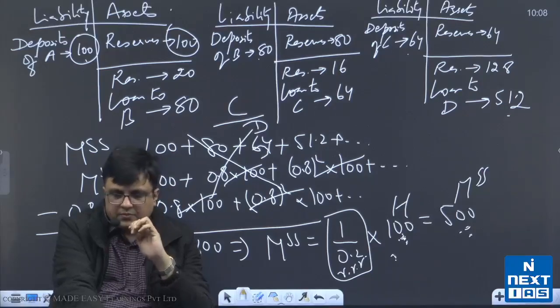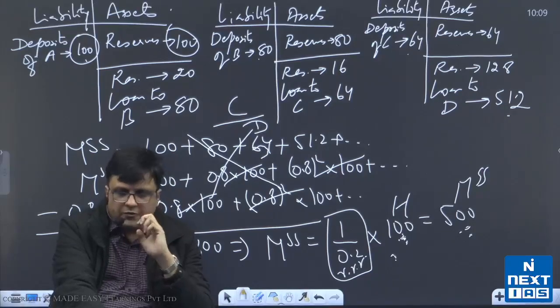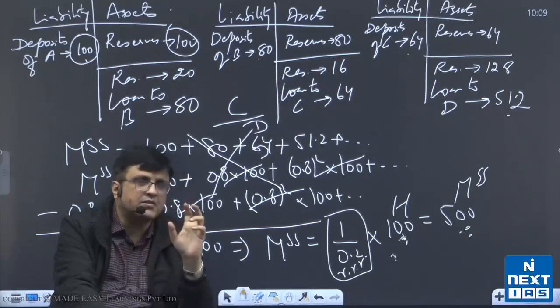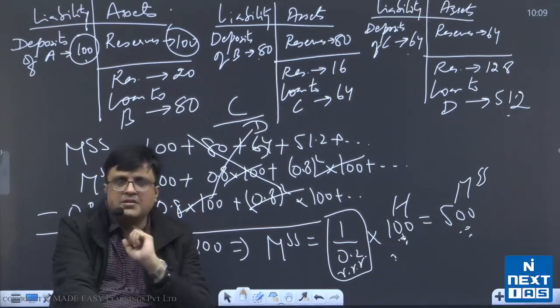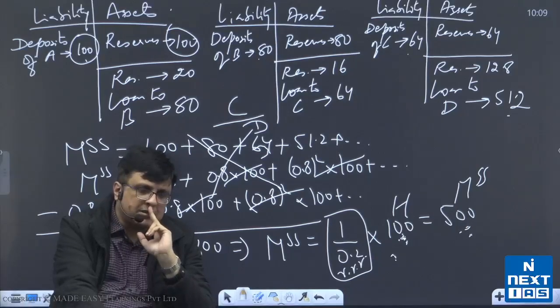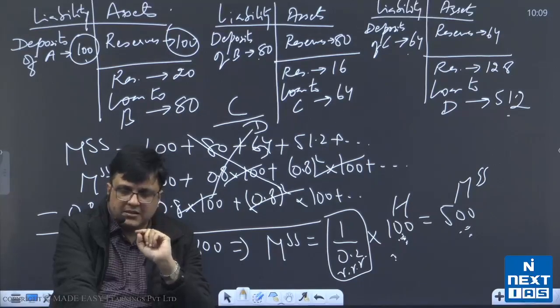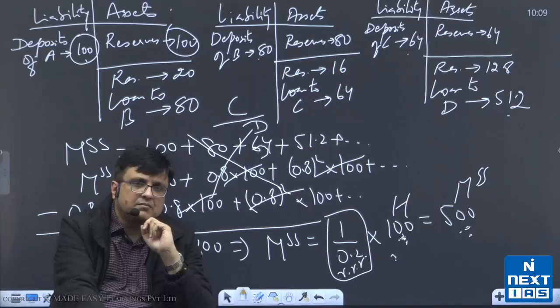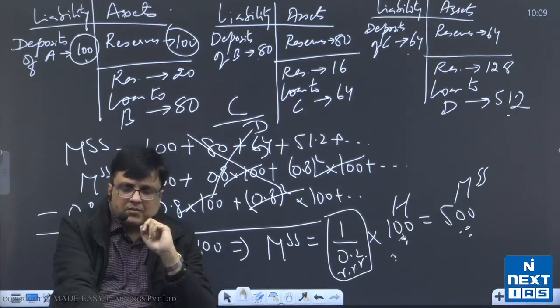And then you write fourth, if a bank has more time deposit, that is fixed deposit, more time deposit than demand deposit, then money multiplier will be high.